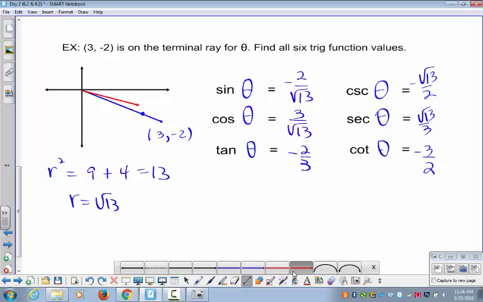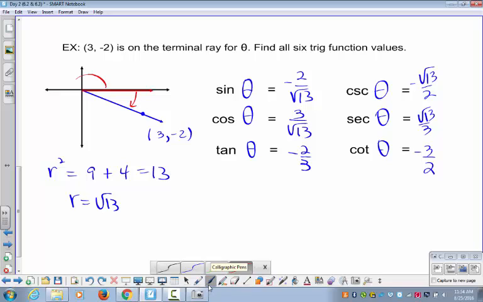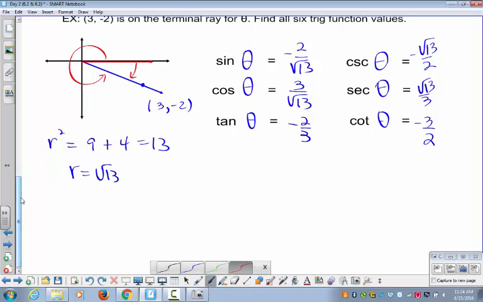Counterclockwise positive, clockwise negative. But it doesn't matter. Either one of those angles has the same terminal ray, has the same terminal point, has the same 6 trig function values. And we can figure out what that angle is.